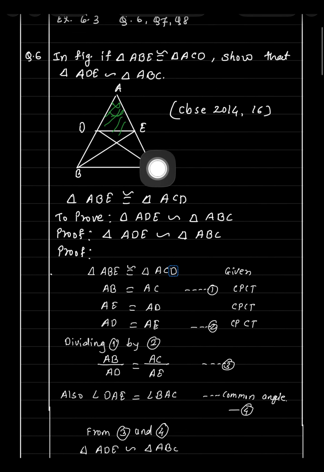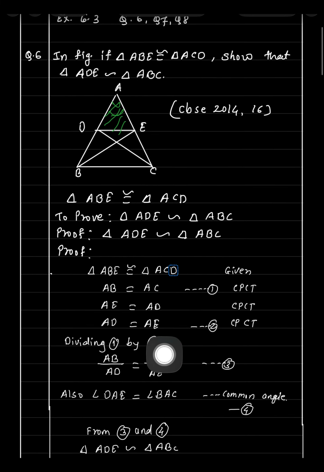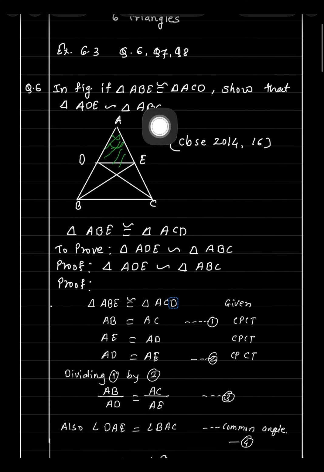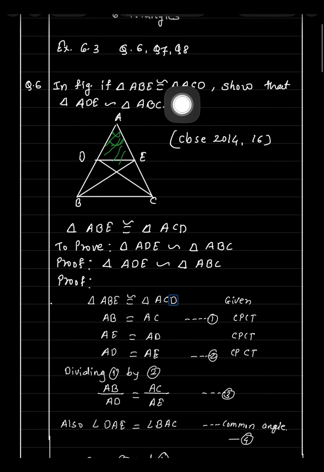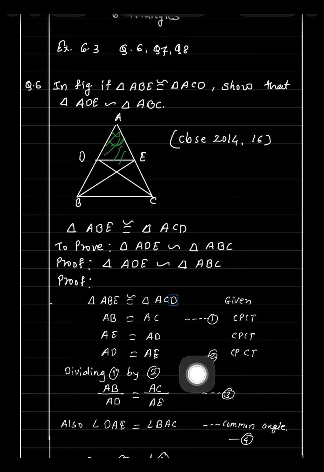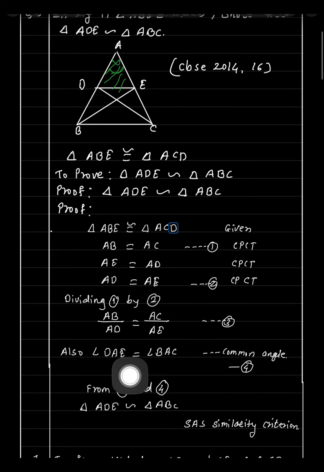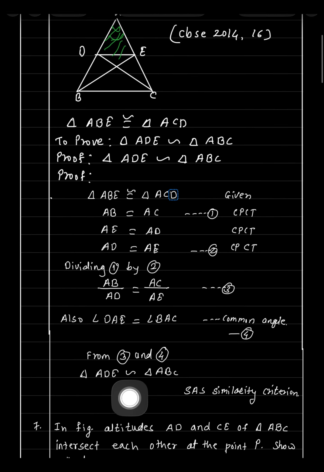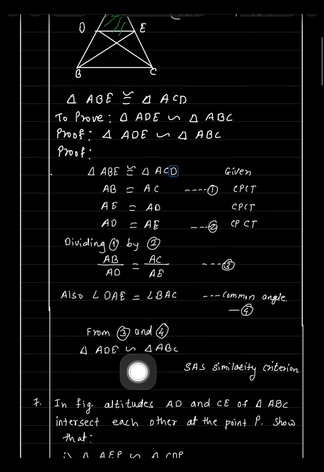That is the same as the question they asked, so we got the proof. It was very simple. Congruent means all three sides are equal. So we got two sides and one angle common in these two triangles, angle DAE equal to angle BAC, a common angle. So by SAS similarity criteria, these two triangles are similar.